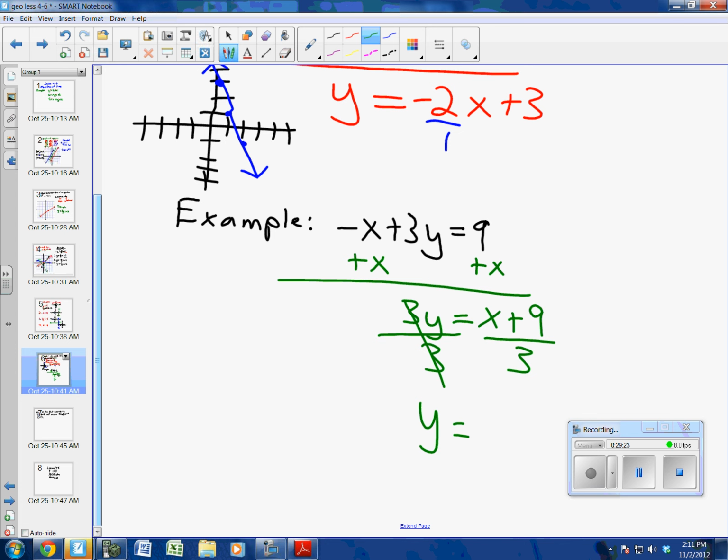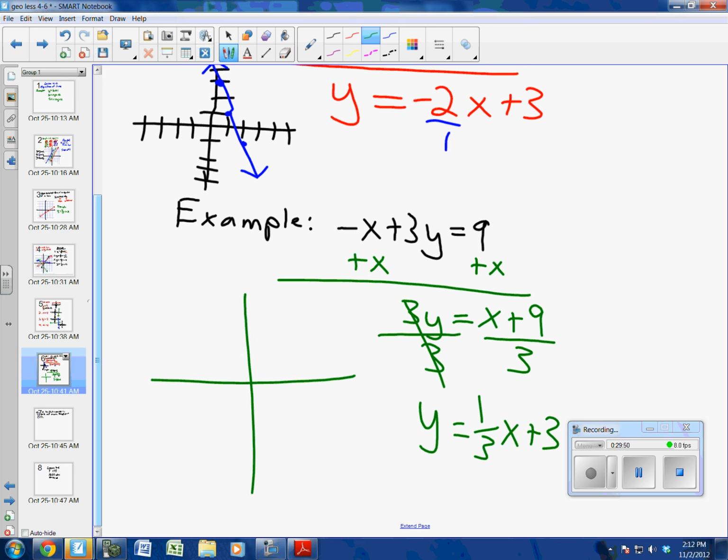It could be x over 3 or 1/3 x. How's that? 1/3 x. And then you have it written in slope, rise over run. And you also not only divide 3 into that one, but you got to divide it into the 9. What do you get? 9 divided by 3 is 3. So now, graph this one.